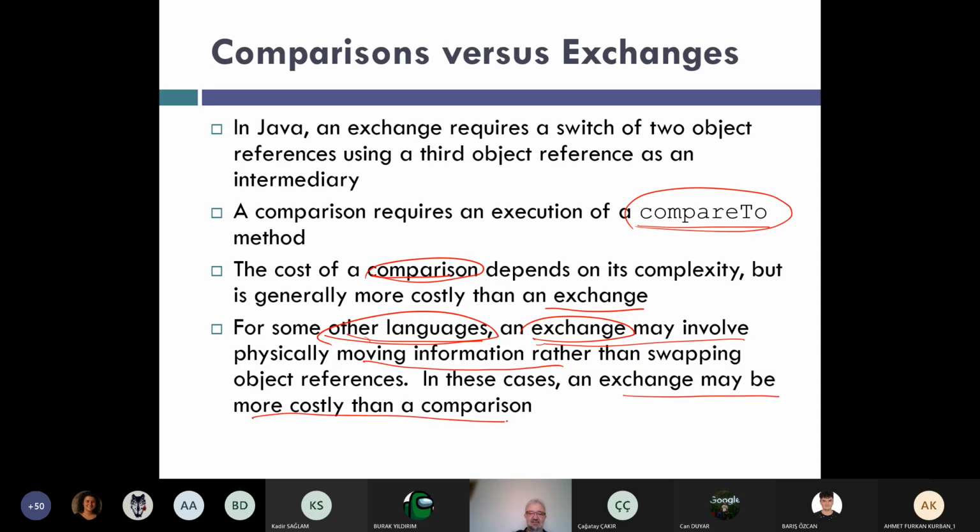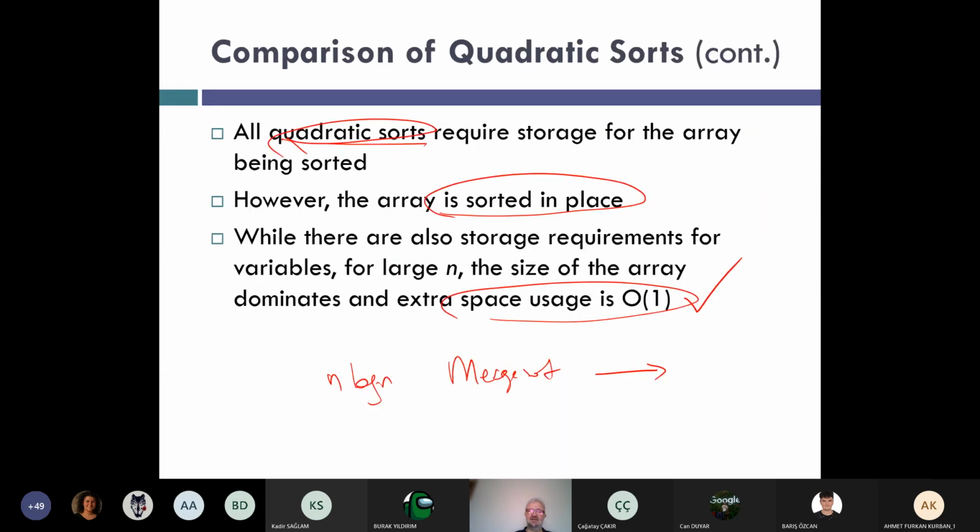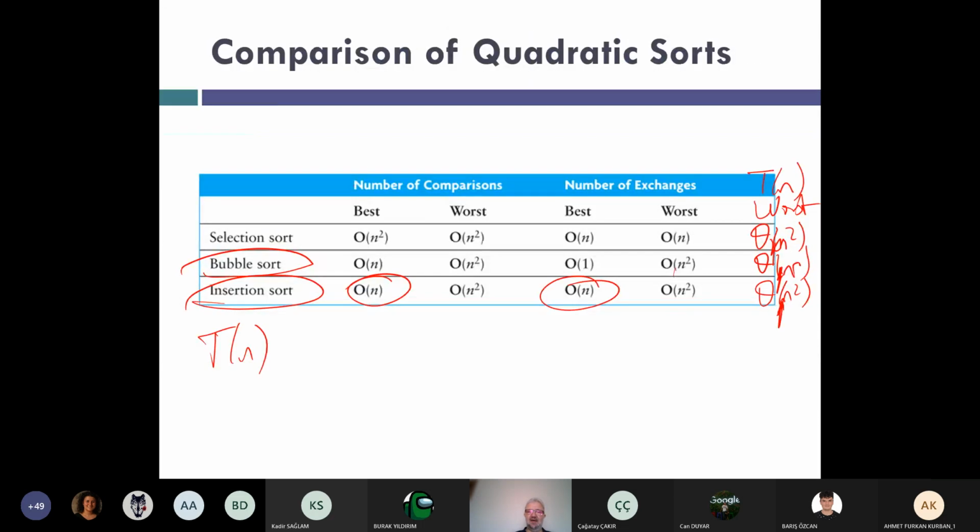Exchange may be more costly than comparison in some other languages, but in Java, comparison is costlier. So when we compare these algorithms, we can consider comparisons more than exchanges in Java.